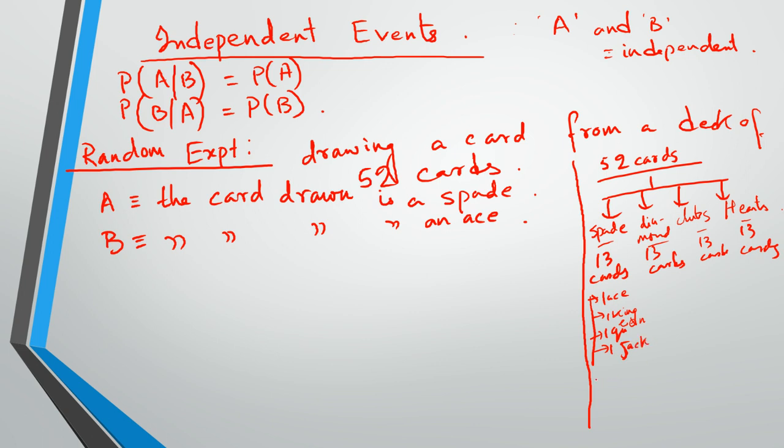Then the rest of the cards will be from 2 all the way to 10. Okay, so this is a combination of 13 cards: 9, 10, 11, 12, 13. Yes, so this is 13 cards.